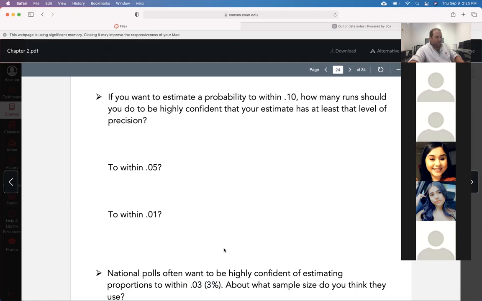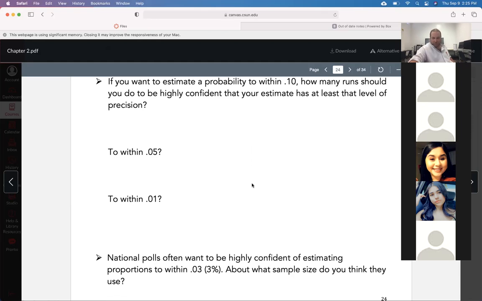How many runs must they do to be fairly certain that they are within 3% of the true value? This is for everyone, so don't think it's just for the person next to you. Feel free to answer. How many runs do we need to do to be fairly confident that we are within 3% of the true value?